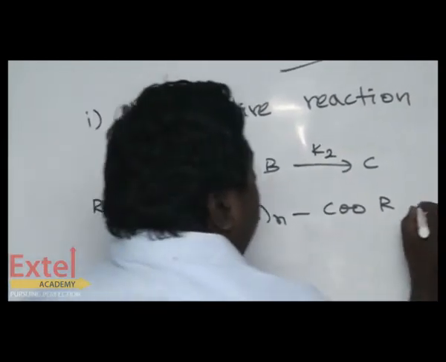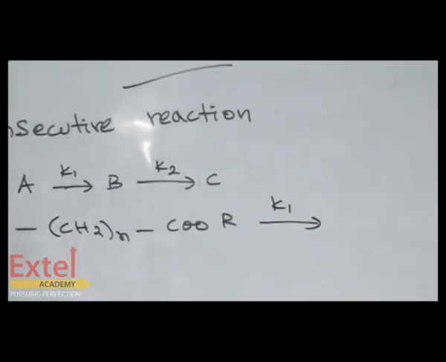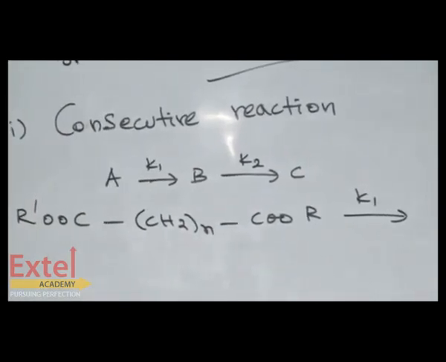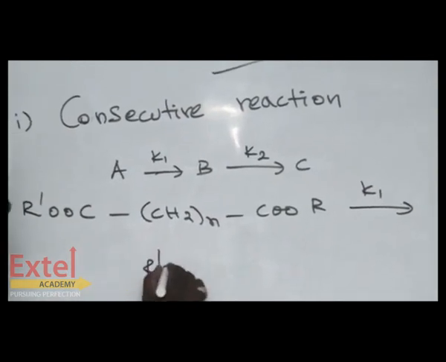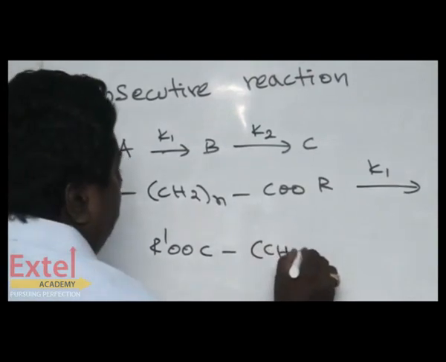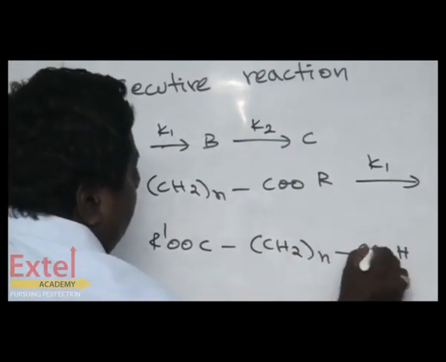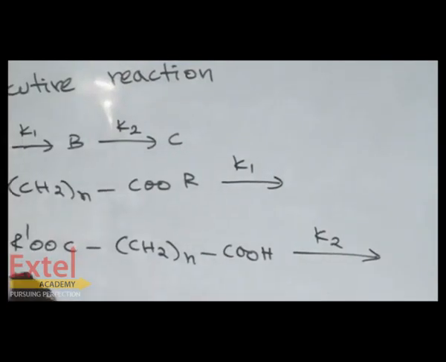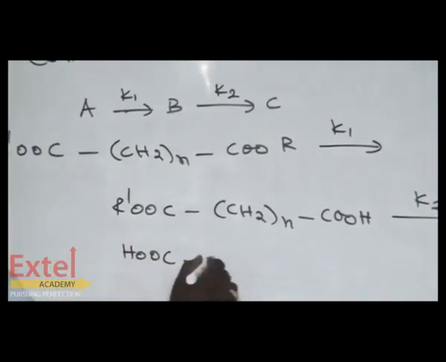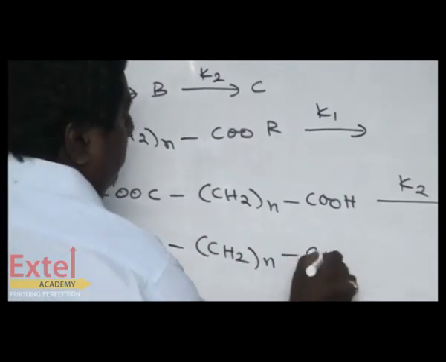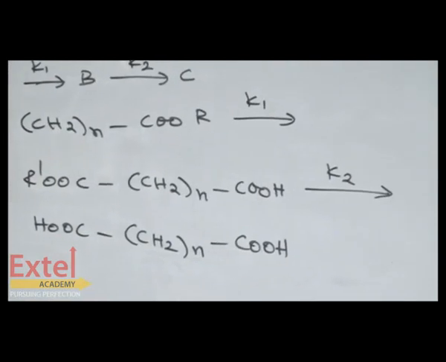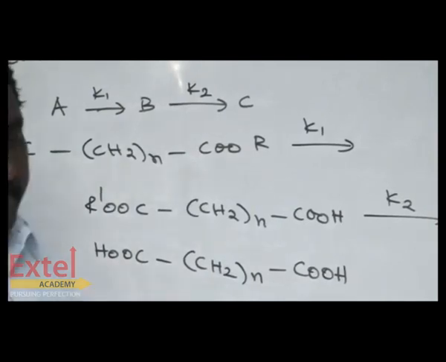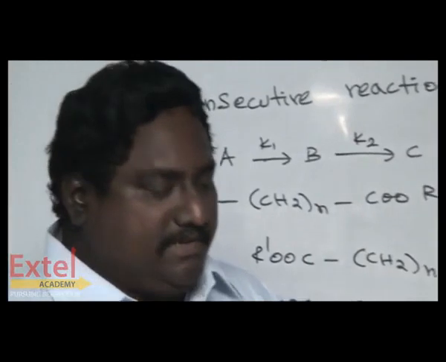When it is treated, in K1, the very first reaction, this R is replaced by H. In the second step, R dash will be replaced by H. On both sides, alkyl groups have been replaced by H. It is called consecutive reactions.